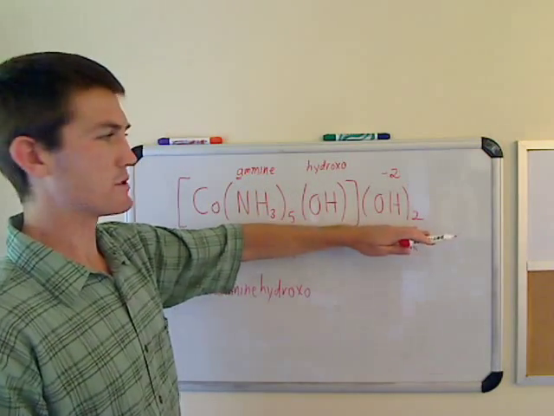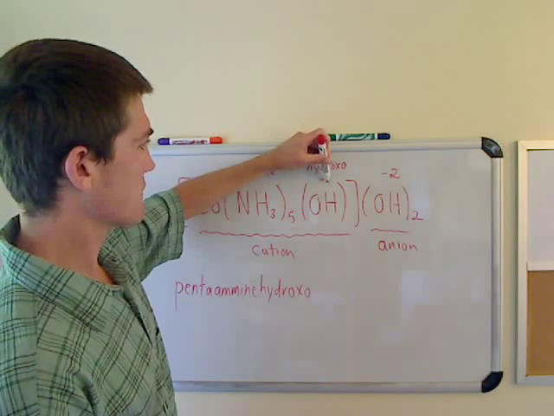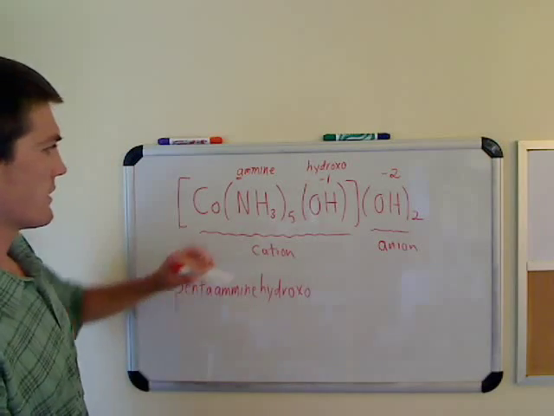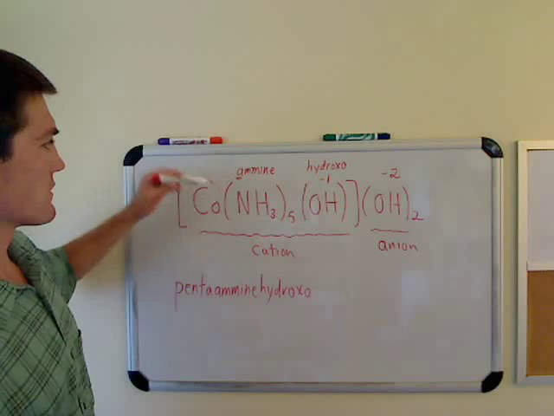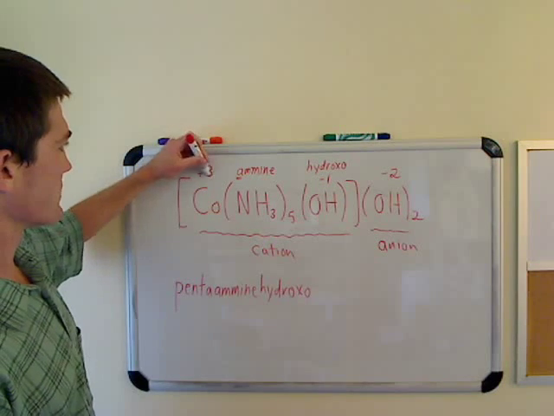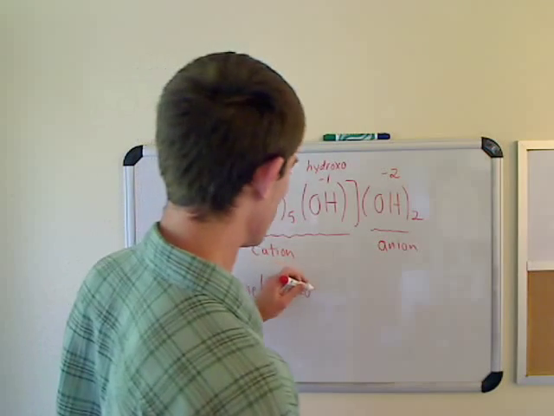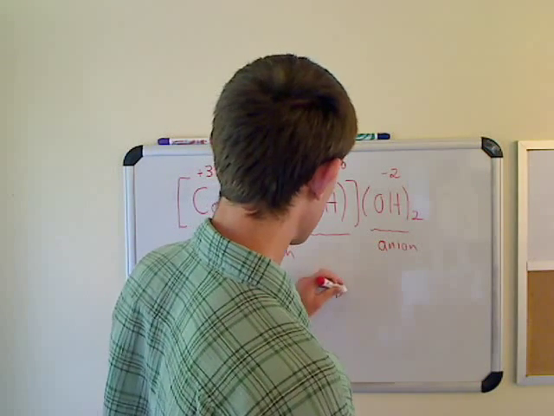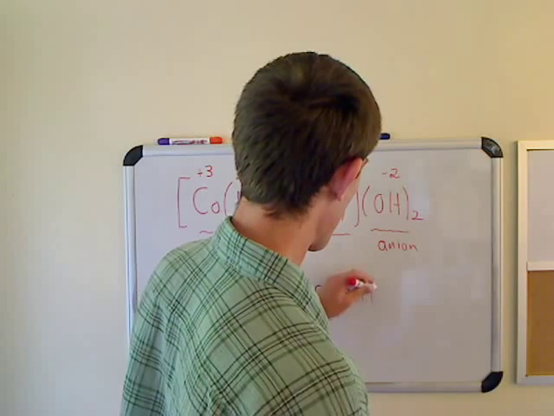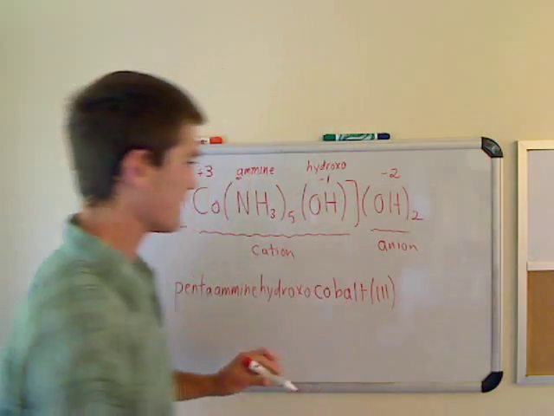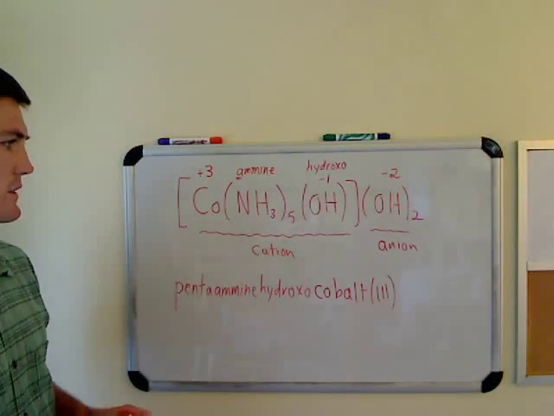These OH groups contribute a -2 charge. This OH contributes a -1. Amines are neutral, so that means our cobalt has to be +3. So we have pentaamine, hydroxo, cobalt 3. We indicate the charge with this Roman numeral in parentheses.